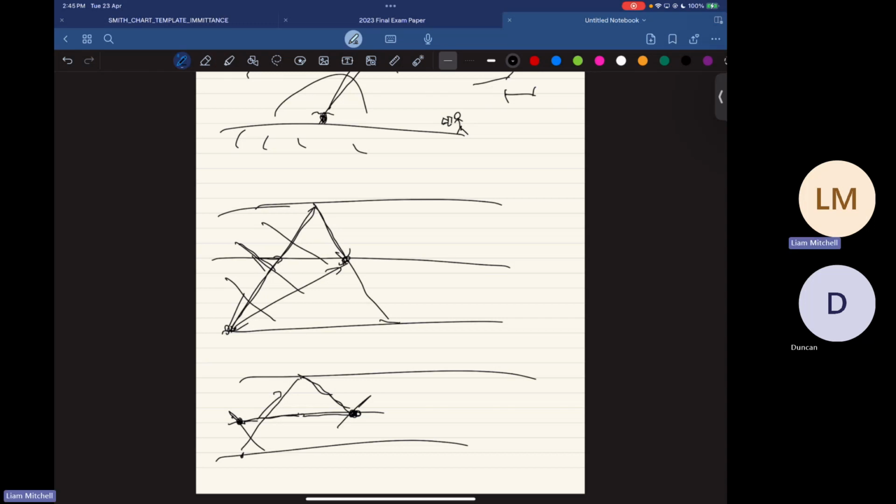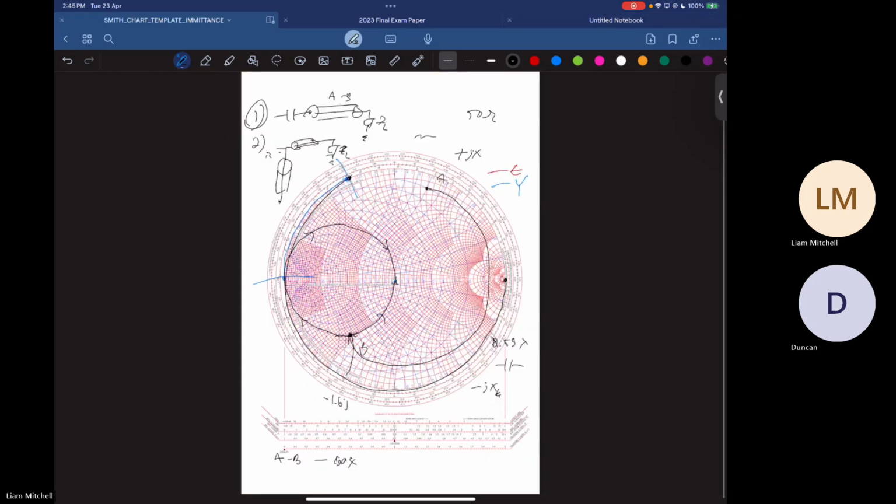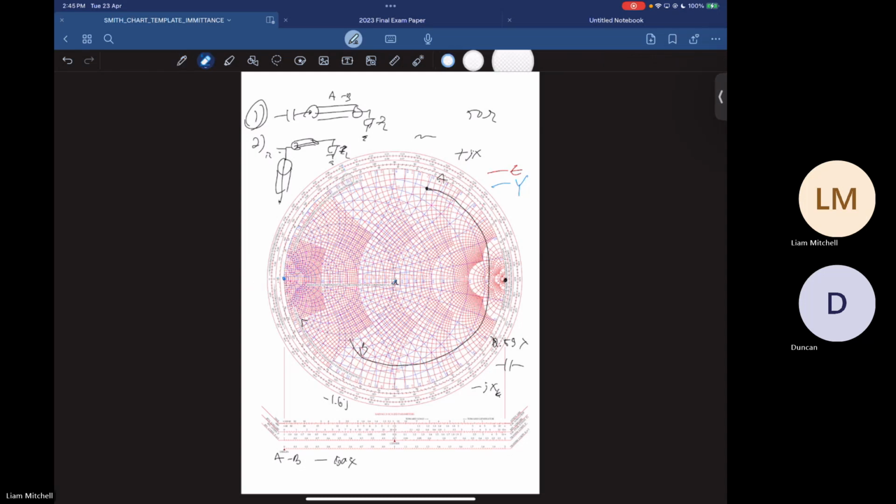It is asking for parallel. Yeah. Parallel one. I did it with the R equals 1 circle.